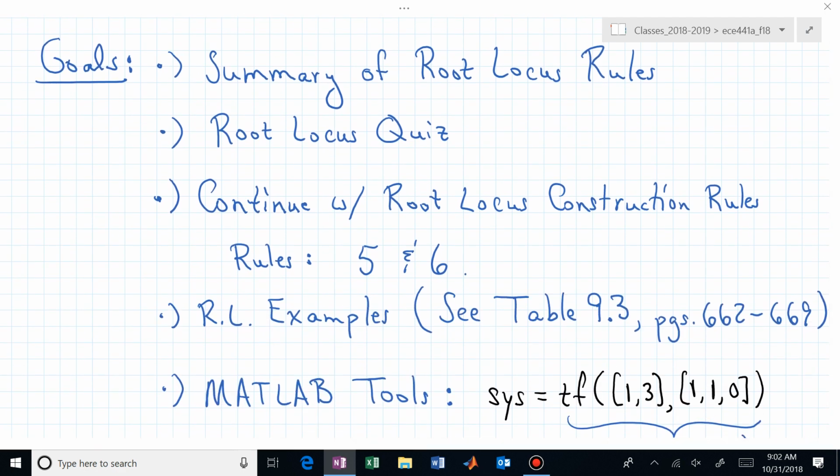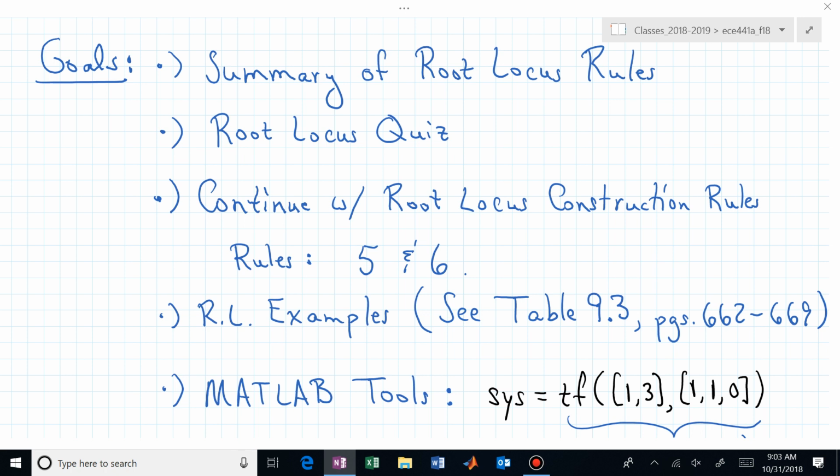As we've been doing most of this time period when we're talking about root locus, we'll start the discussion with a summary of root locus. Then we'll have a quiz. Since I think the entire class is here, it will be very representative of what the class understands.